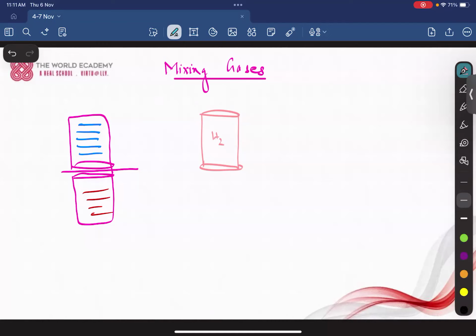Now we have bromine gas, which is brown in color. This is Br2, bromine gas. It took 24 hours to mix. If this is hydrogen and this is bromine, you have removed the lid between them and now they are gradually mixing. We are not giving any mechanical energy. We are not stirring it. We are just putting it together and gradually they mix. And the brown color of bromine will reach up there, but a faded color will be there.